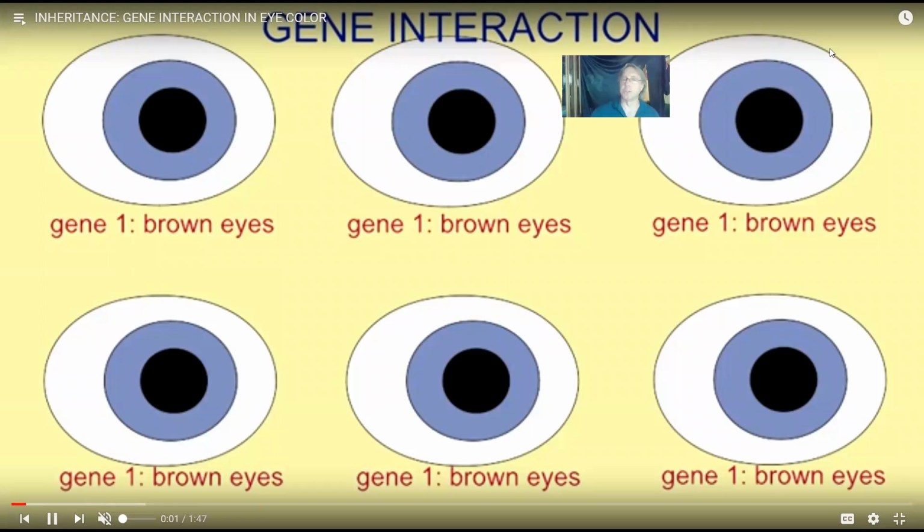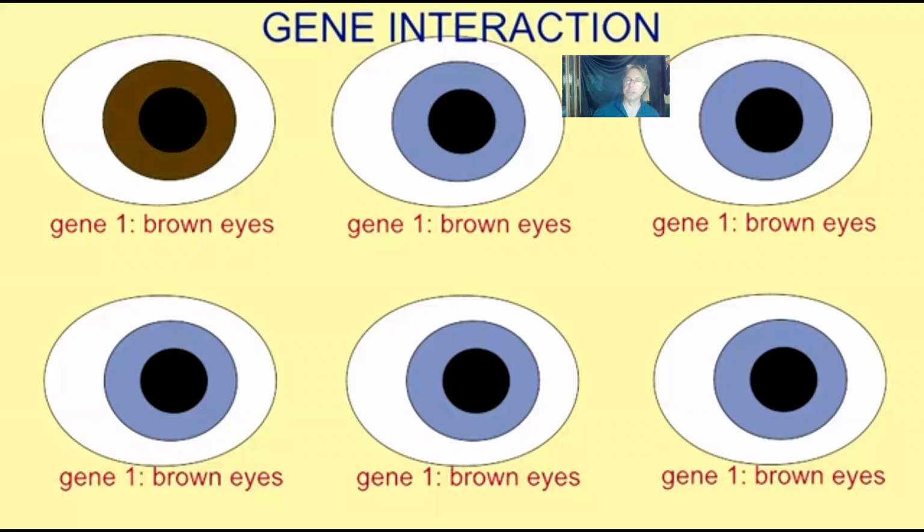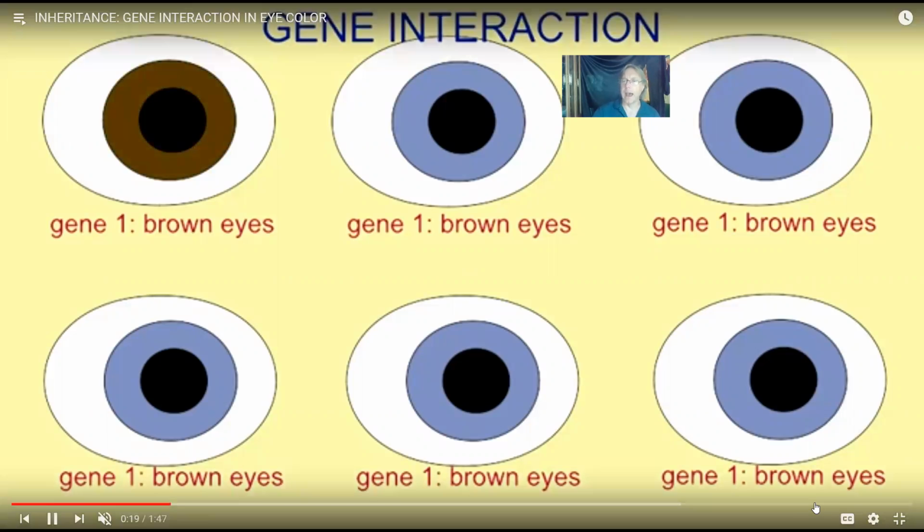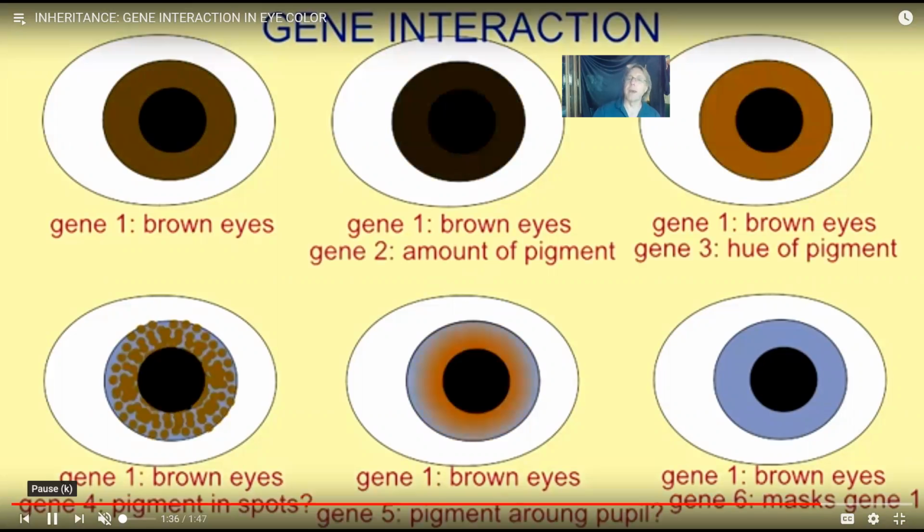Now, as I had mentioned before, it ends up being more complicated in that let's imagine all of these individuals have the same gene to make brown eyes. But nevertheless, even though they have the same gene, there could then be subsequent genes, which could then affect the amount of pigment made or the hue of the pigment.